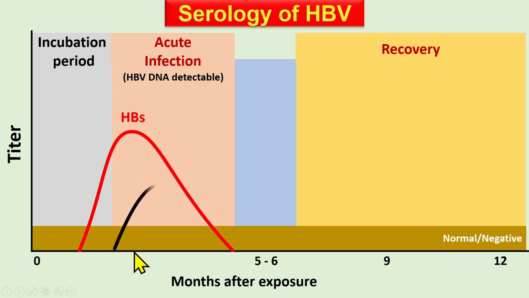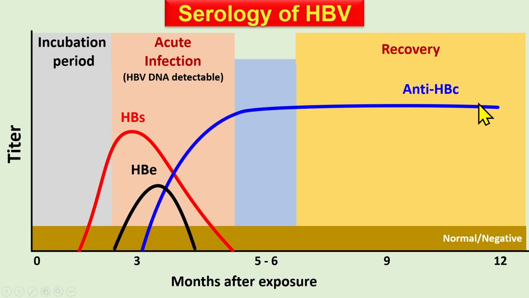And HBeAg comes in the acute infection. So first of all HBsAg, then HBeAg, then anti-HBc, which is the IgM, before 6 months. So here is 6 months, and after 6 months, the IgG will be represented. So before 6 months it's acute.